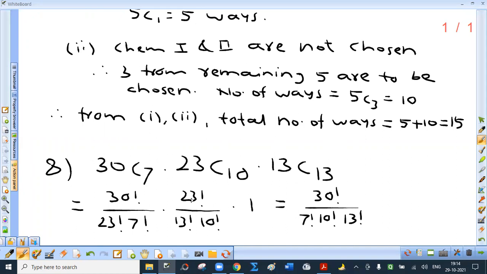30 objects are to be divided into 3 groups containing 7, 10, 13 objects respectively.